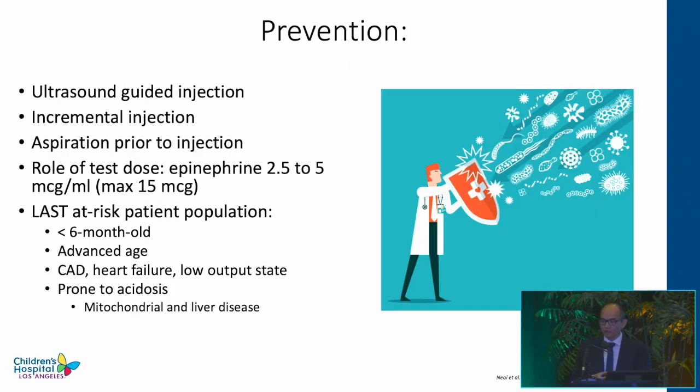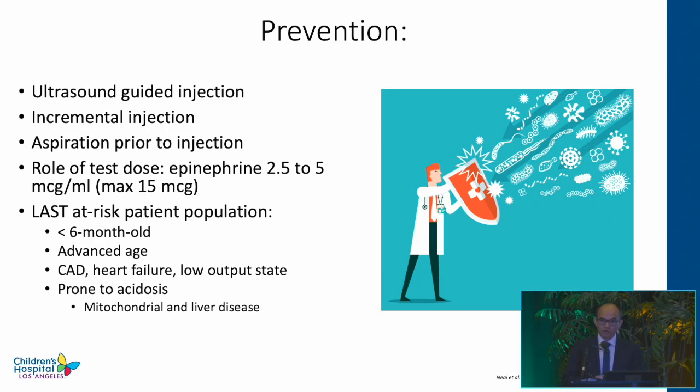For prevention, here are some steps to help prevent LAST. Number one is ultrasound-guided injections. Ultrasound has been shown to reduce the risk of vascular punctures. Also with ultrasound, you see where your needle is, you see where you're injecting, and you see the spread of the local outside the blood vessel. And you can use a smaller volume with ultrasound.